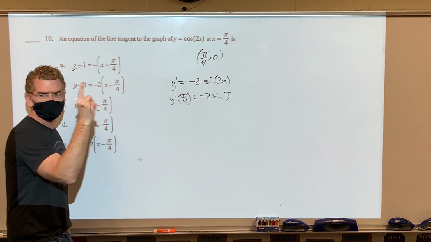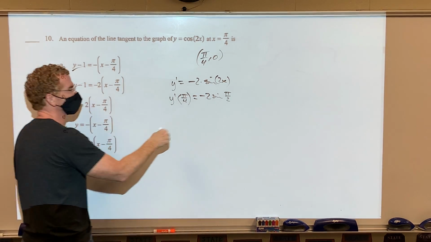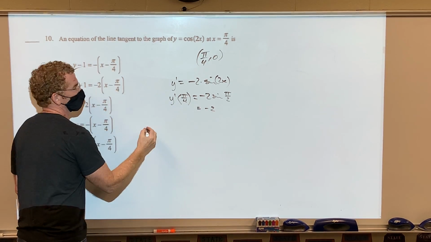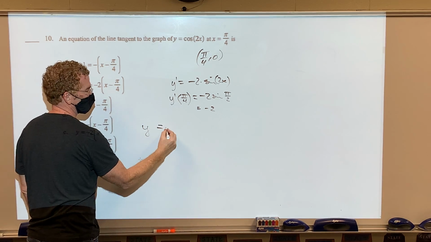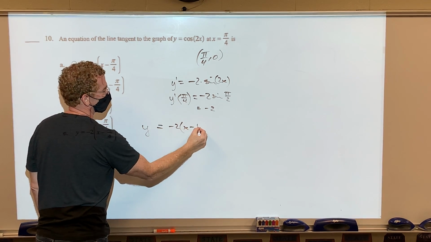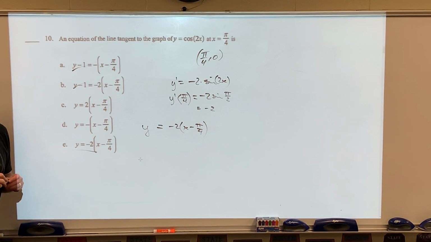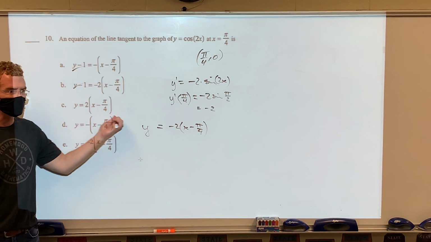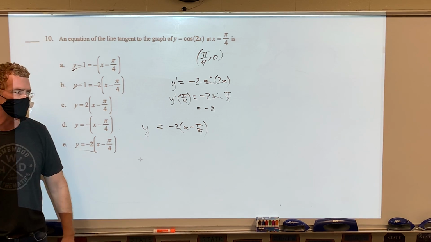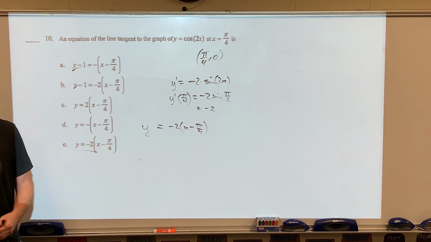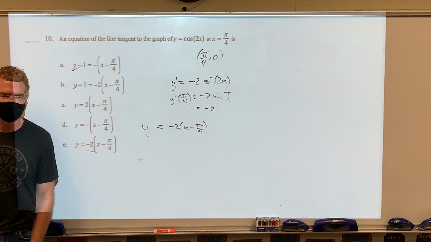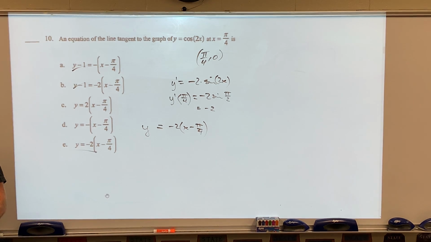And the sine at pi over 2 is 1, times the negative 2. So y minus 0 equals slope times x minus pi over 4. Right? Very common problem. You can totally miss it if you don't know the unit circle. And normally it's not pi over 2. It'll be like 2 pi over 3 or 5 pi over 6 or something.